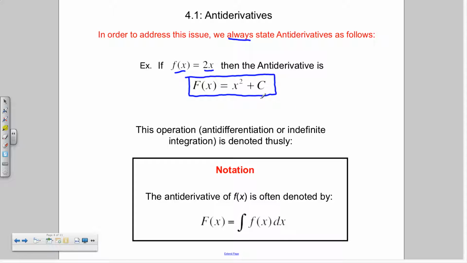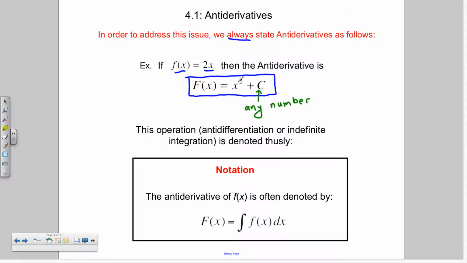And that c right here really just stands for any number. It could be 3 pi, it could be 2, it could be negative 7, it could be 1.36 or 128. I think you get the picture. X squared plus c, where c is just a number.